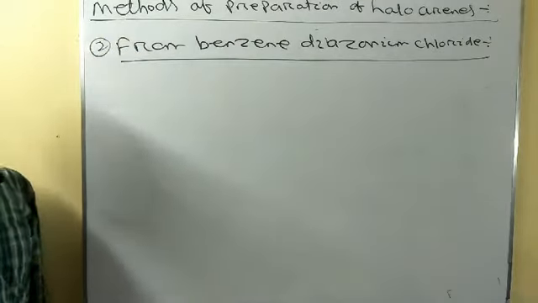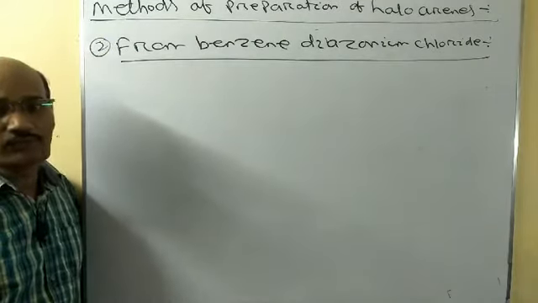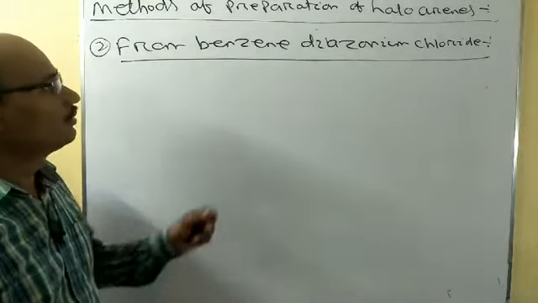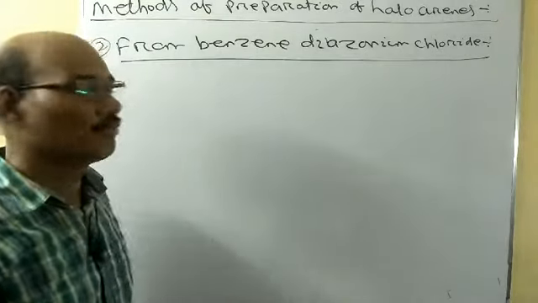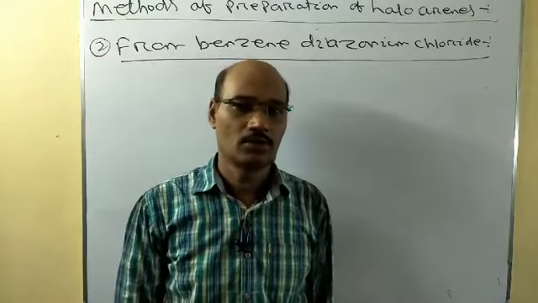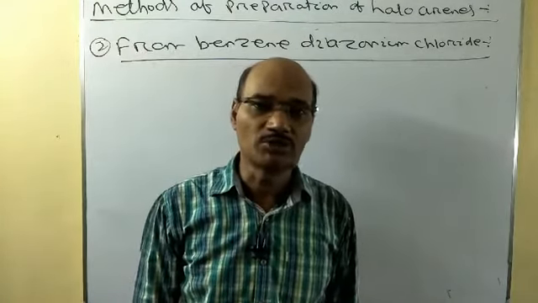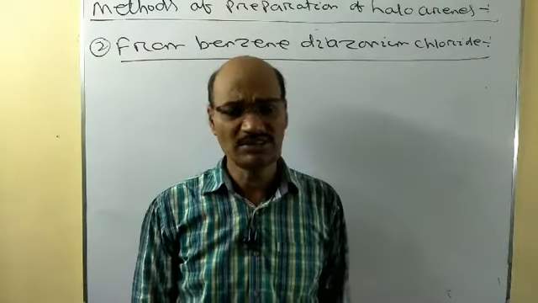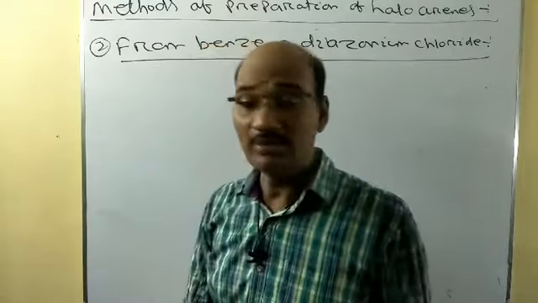From benzene diazonium chloride, we can prepare haloarenes by Sandmeyer's reaction, also by Gattermann's reaction. First of all, what is Sandmeyer's reaction?